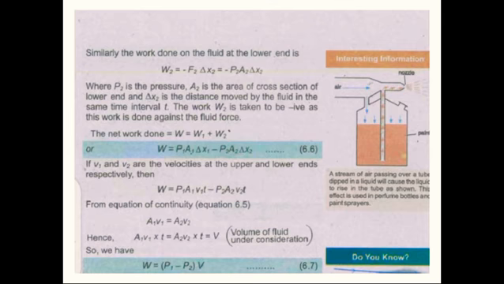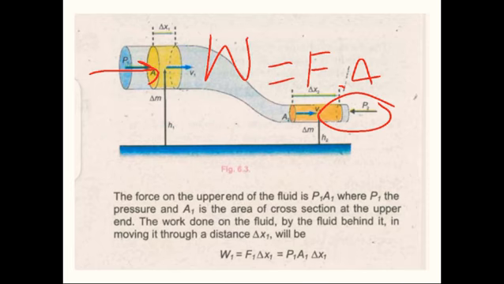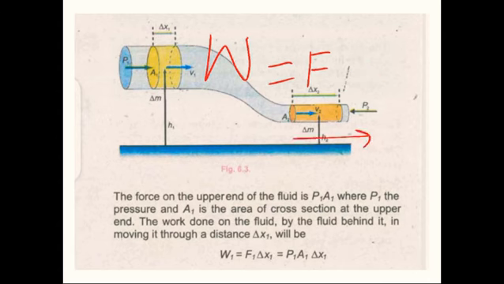So the work done W2 is taken to be negative, as this work is done against the fluid force. We have observed in this diagram that the fluid force is in the outward direction while the pressure is in the inward direction. So the pressure direction is opposite to the fluid force, that's why it is taken negative.